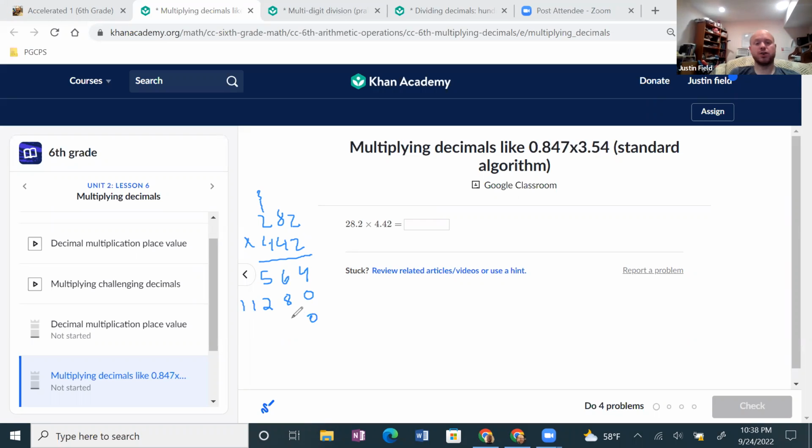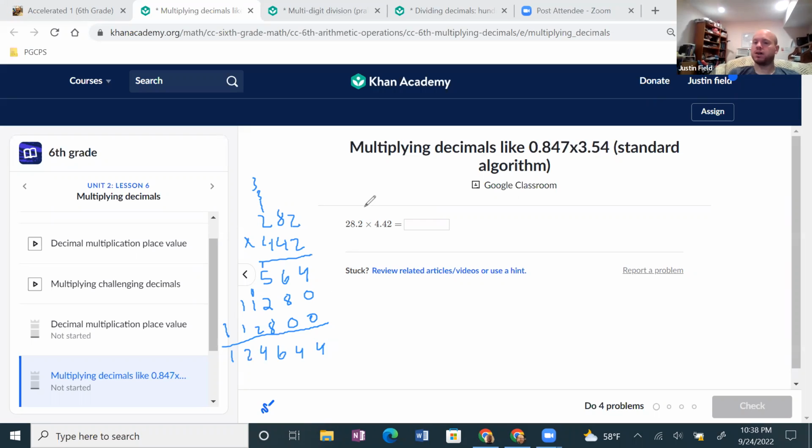Now let's do the hundreds place. 4 times 2 is 8. 4 times 8 is 32. 4 times 2 is 8 plus 3 is 11. And now let's add up our numbers. 4, 14, 6, 7, 8. 8 is 16. 2 plus 2 is 4. 2 and 1. Hopefully I didn't make a mistake.